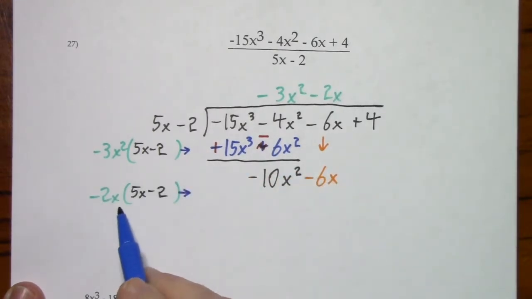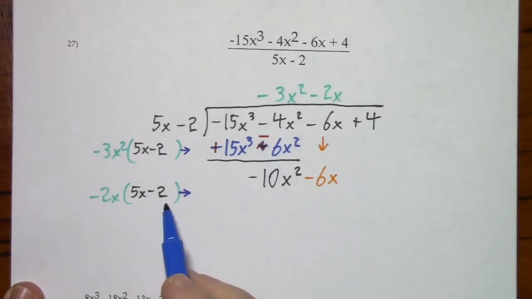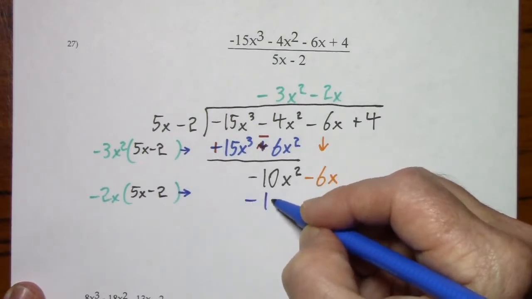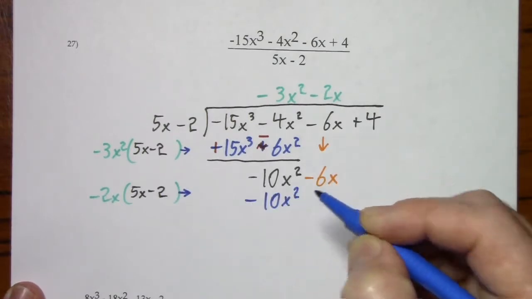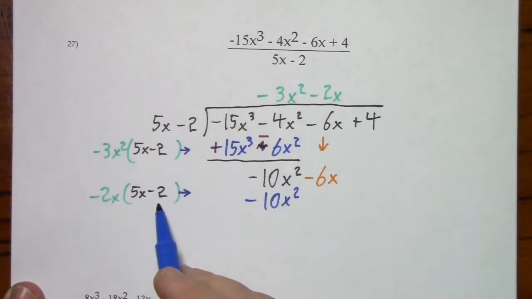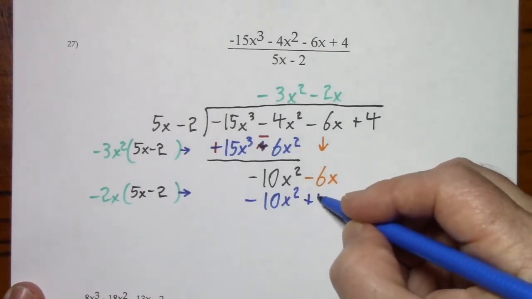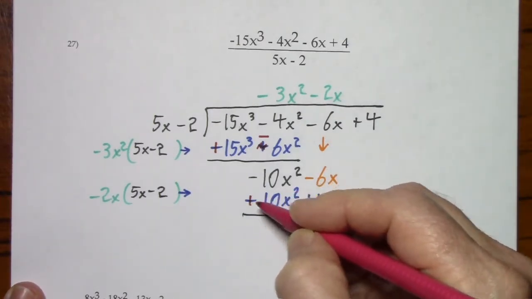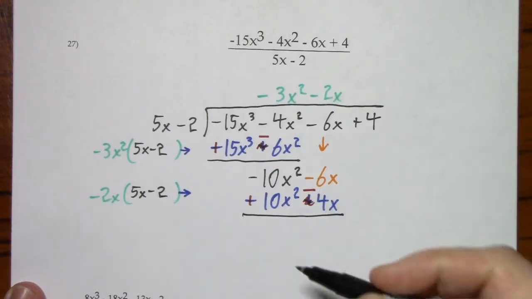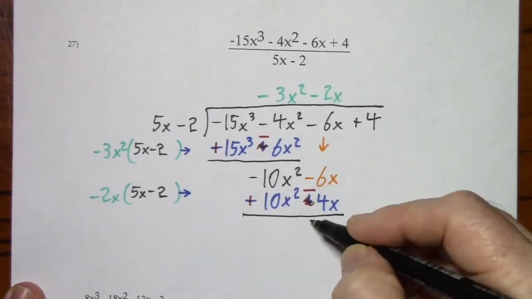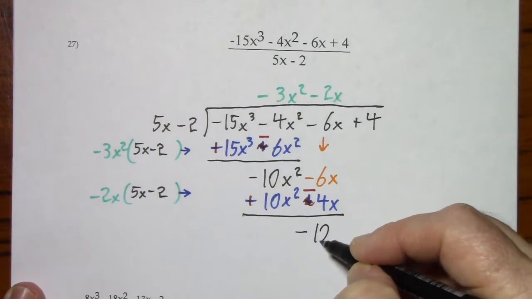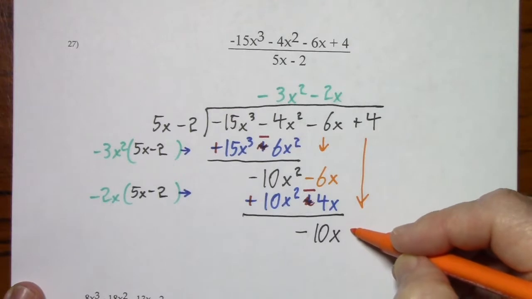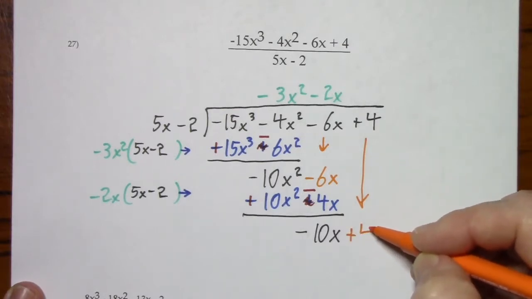And when we multiply negative 2x times 5x minus 2, negative 2x times 5x, negative 10x squared, negative 2x times negative 2, plus 4x. And remember, we're subtracting, so we change these signs. That gives us a 0. Signs are the same, you add. Bring down your next digit. Well, in this case, your next term.